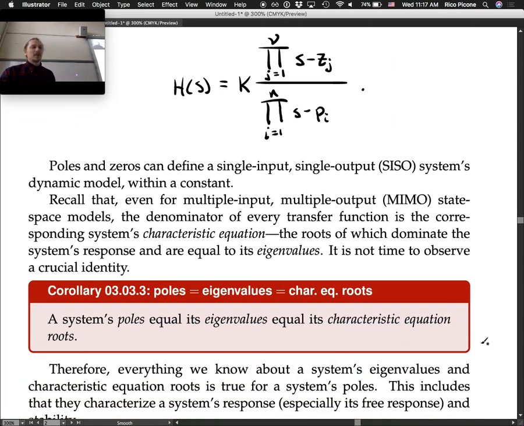It is now time to observe a crucial identity, which is a system's poles equal its eigenvalues equal its characteristic equation roots. Okay, this is really key. So poles we've defined in terms of the transfer function H, right?